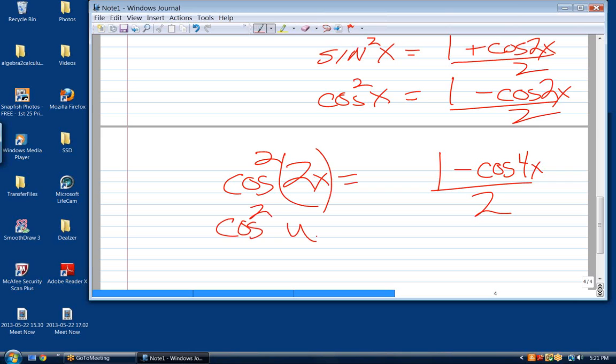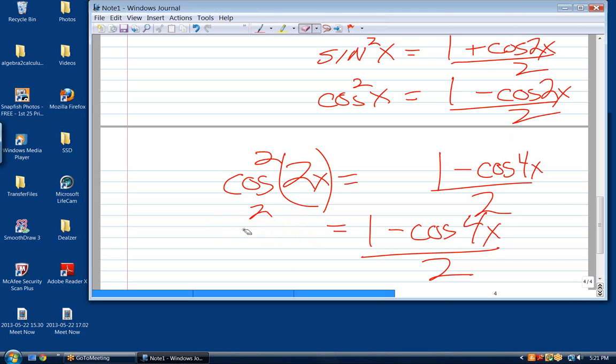Well, cosine squared of 2x, let's use a substitution just to make it easier to see. Cosine squared of u, well, that's clearly going to be 1 minus cosine of 2u over 2. But what is u? U is 2x. So if I put a 2x in there, it's really 4x. So that's how I get this, almost.